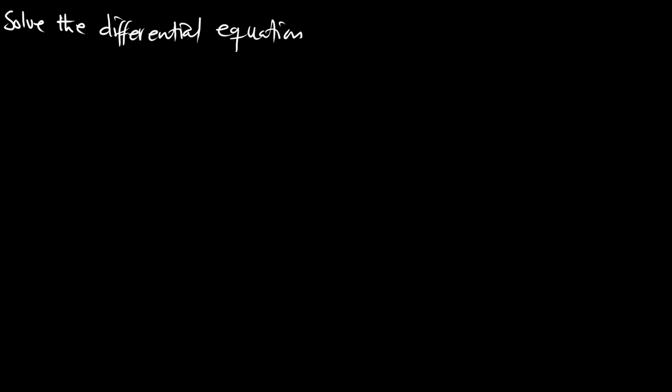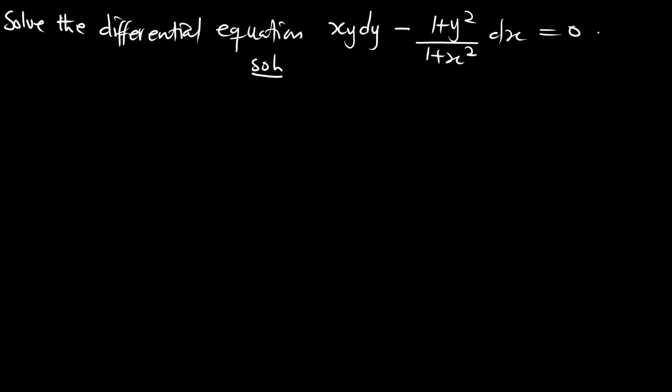This is our equation: xy dy minus (1 + y squared) over (1 + x squared) dx is equal to 0. So we are to solve this problem, and we want to use the method of separation of variables.